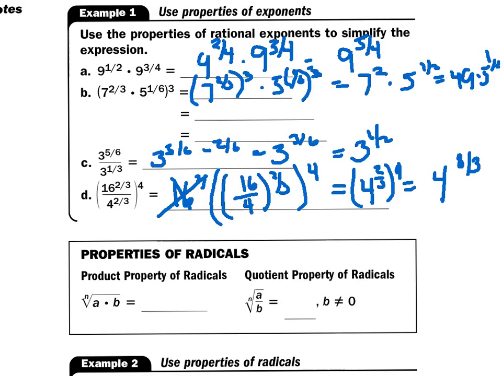Okay, properties of radicals. A times B to the nth, we can pull those apart and say that is the nth root of A times the nth root of B. That's helpful when one number can go ahead and be simplified out of there, and then it's a simpler problem.